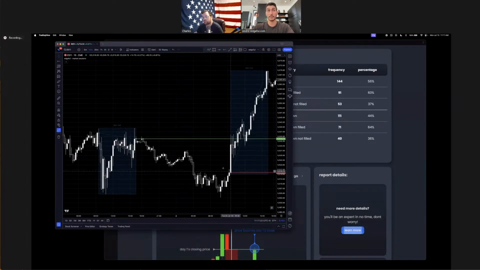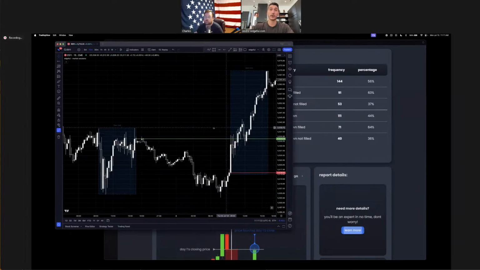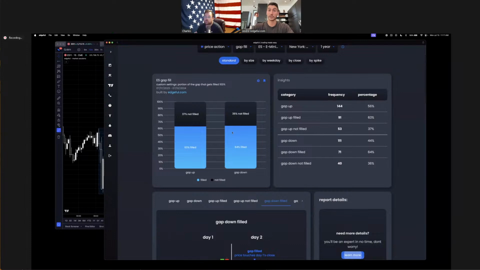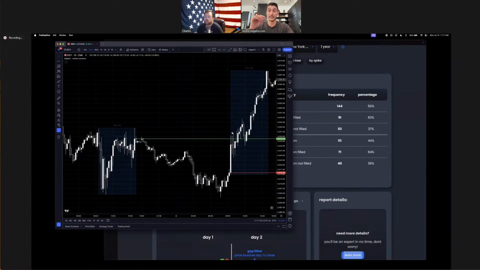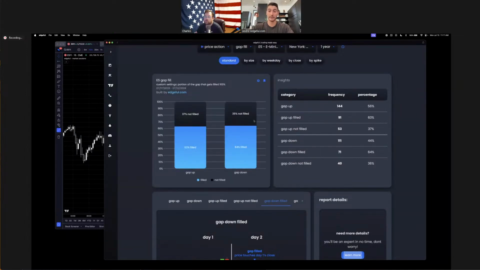When price opens below the previous day's close, price comes up to touch that close. So having a long bias targeting this green line, or this previous day's close, has a high win rate. 64% of the time, this will happen today. Very important that I mention, this is measured today. So if it doesn't touch this line, it falls into the not filled. So the way that we measure this is the most actionable for traders, day traders and scalpers.